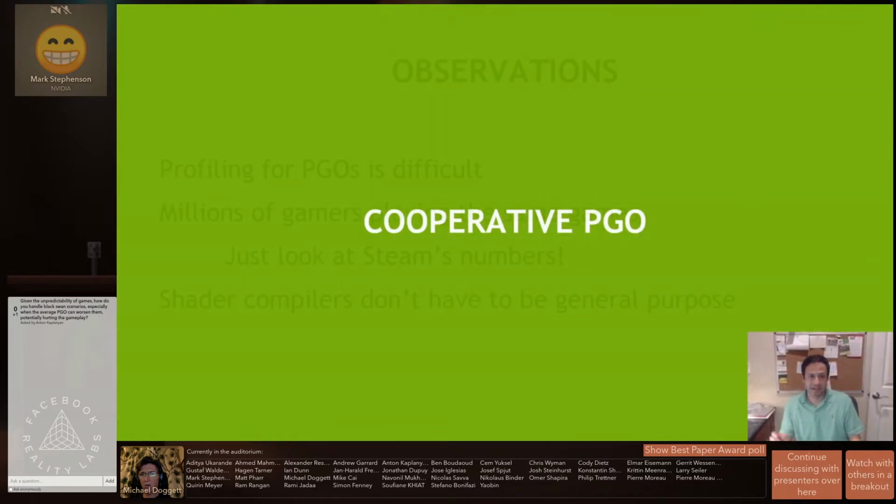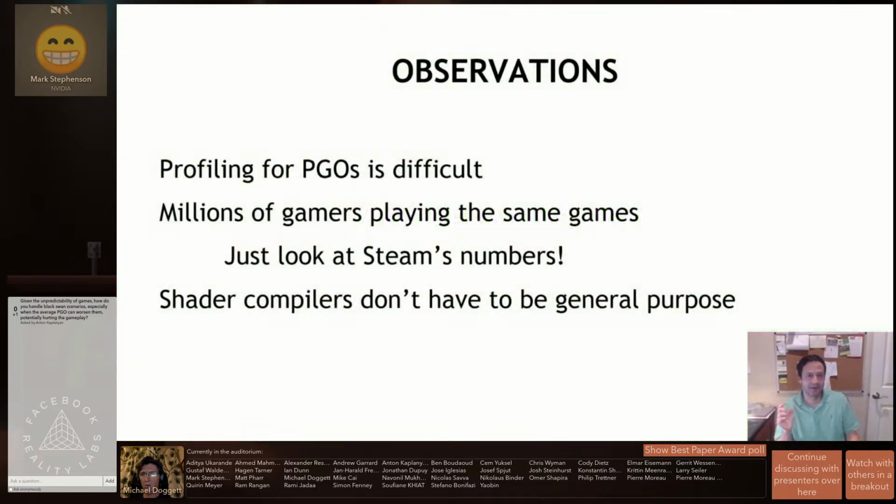All right, let's talk about cooperative PGO. Cooperative PGO is motivated by the following observations. The first one we've already gone over, and that's that profiling for PGO is more difficult than we anticipated for games. But that's also because we were trying to collect all the profiles in bulk at once. But what if we took a piecemeal approach, and instead of collecting all the profile data in one go, we sample the profile information across time and space?